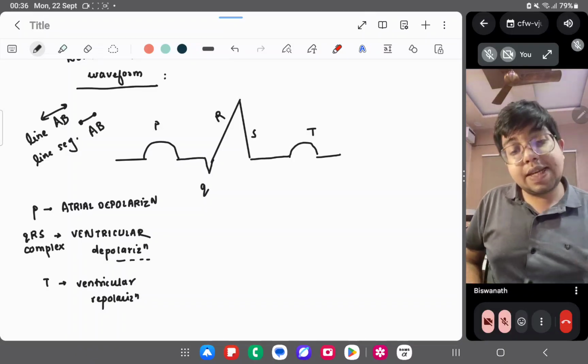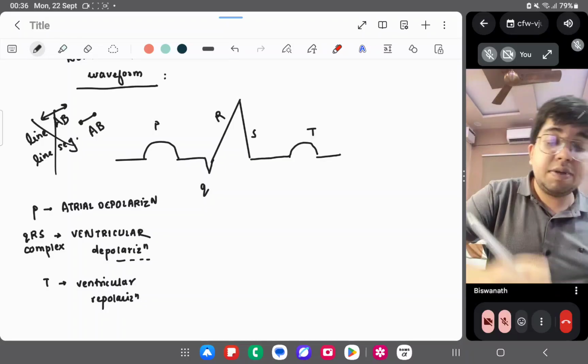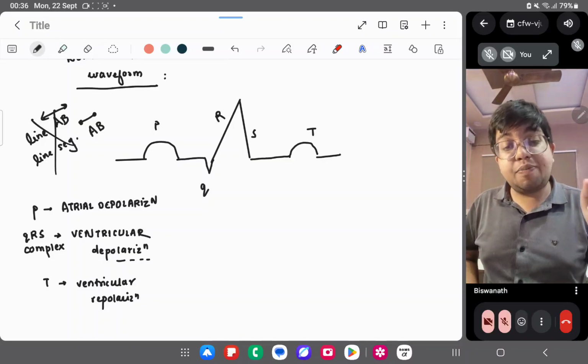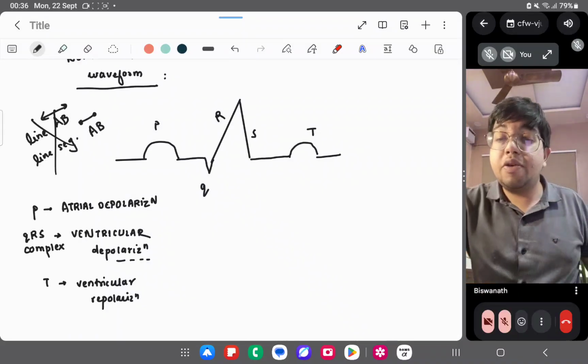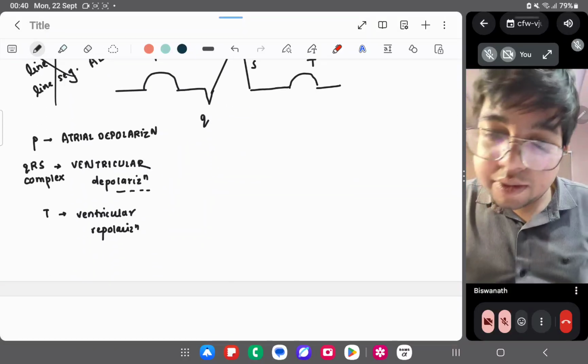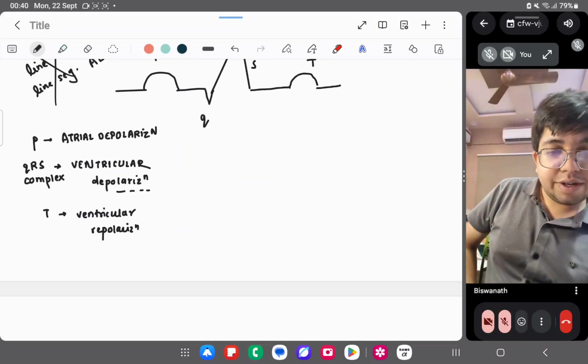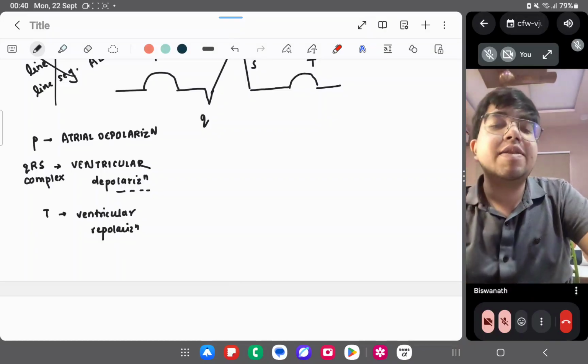So interval here has a starting point and end point, but this segment has no particular start and end points. This concept is from maths. Understood? Okay, let's move ahead.